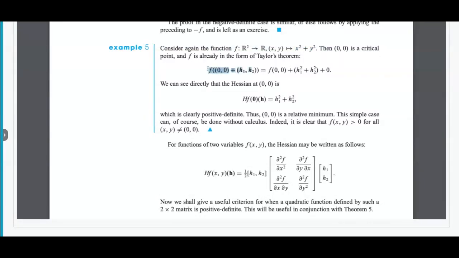Then we use that. So f is already in the form of Taylor's theorem, right? f of (0, 0), and the difference in x direction squared, the difference in y direction squared, then plus 0.